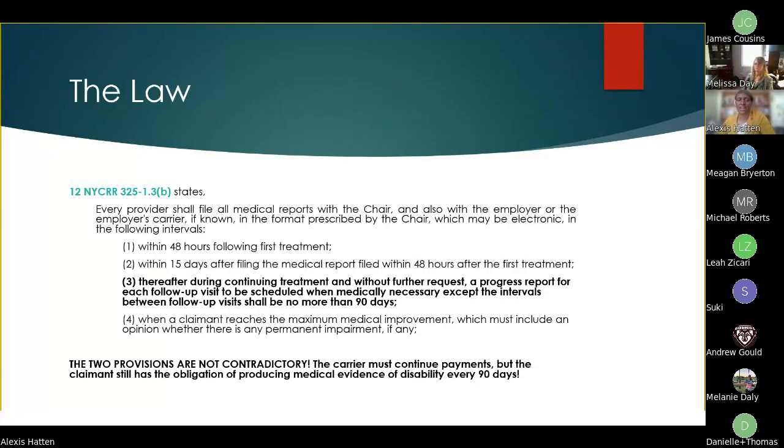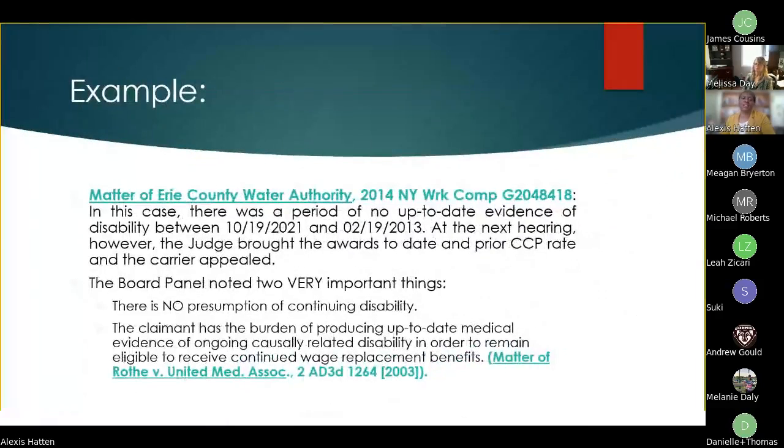Those two provisions are not contradictory. The claimant still has to produce the evidence, and the carrier still has to file the notice, but there's a mechanism for how you get that suspension as of the IME date or as of the date the claimant's medical evidence went stale. And this case gives us how to do that.